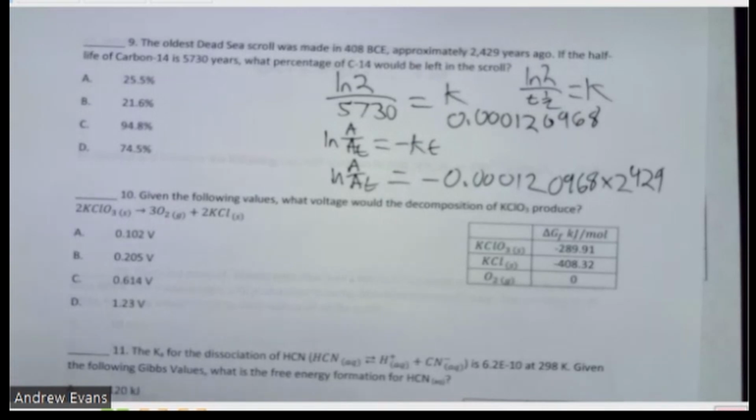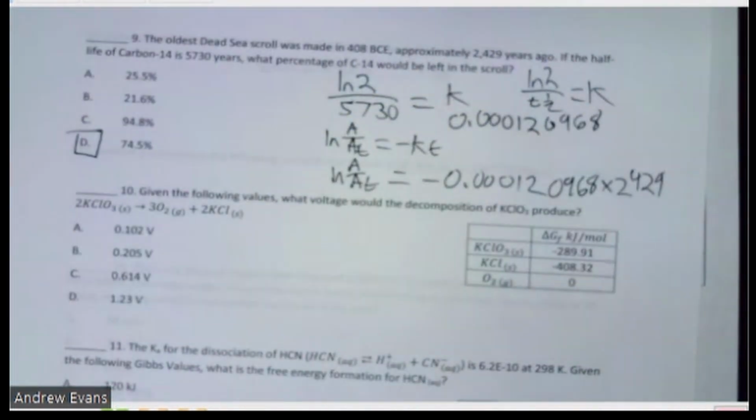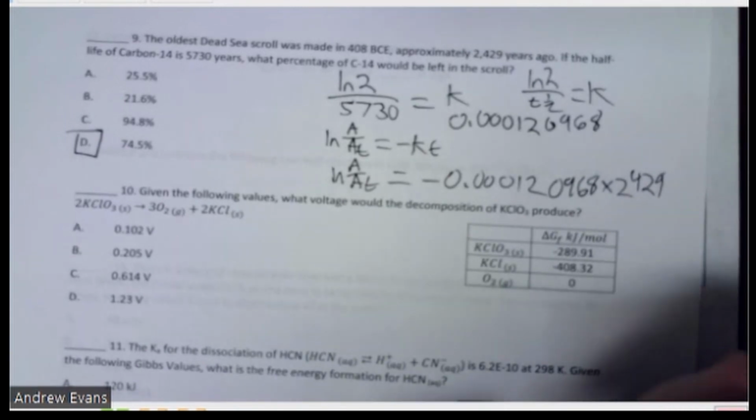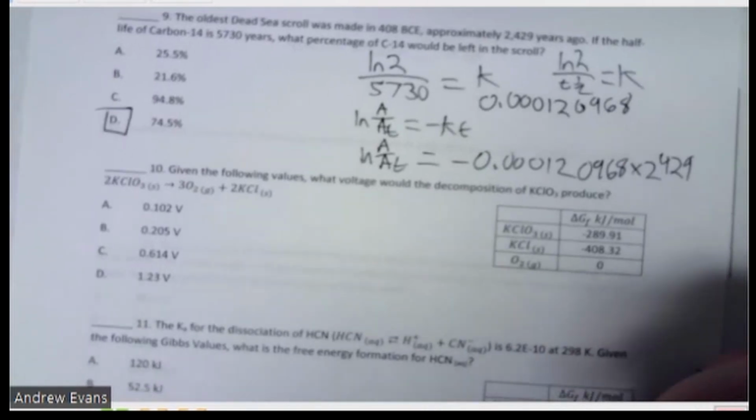I multiply those, and then I take the inverse log. That would get this ratio. Multiply by 100 to get into percent, so it's 74.5%, which makes sense because it's not even a full half-life. It's a little bit over a half of a half-life, but not a full one.